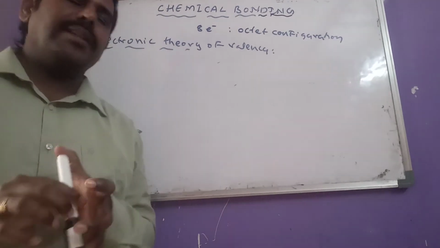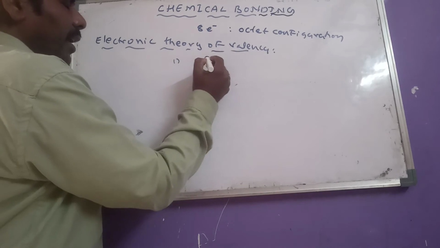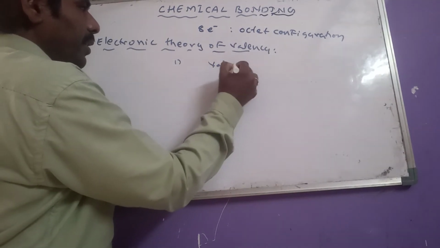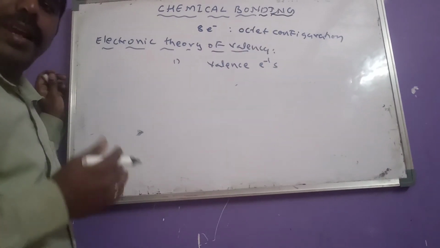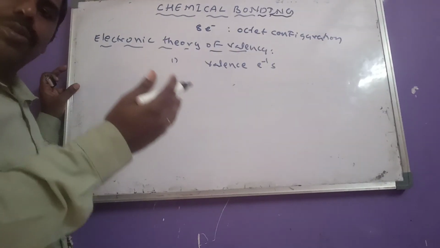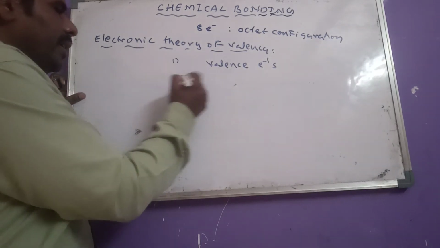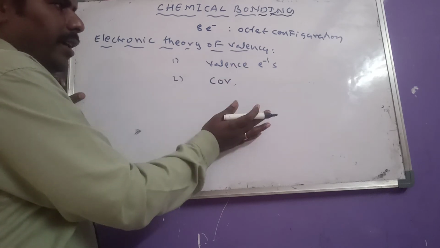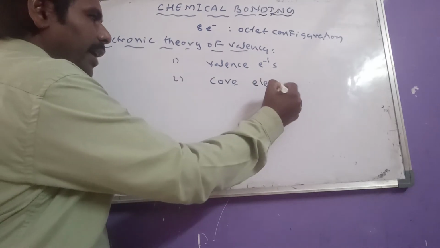Let us see here. The first one: the electrons present in the outermost orbit are known as valence electrons, and the electrons present in inner orbits are known as core electrons.